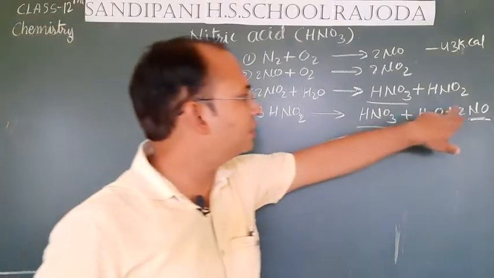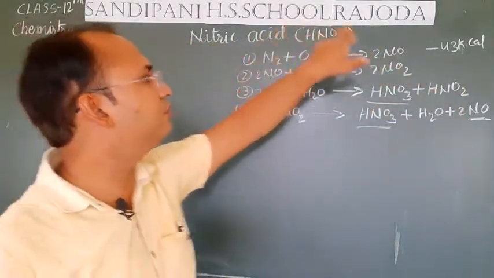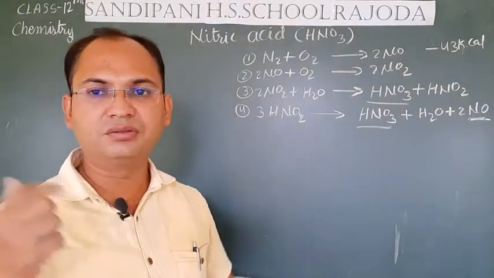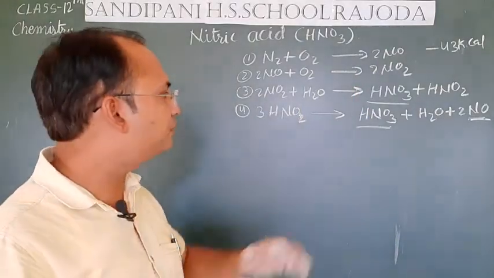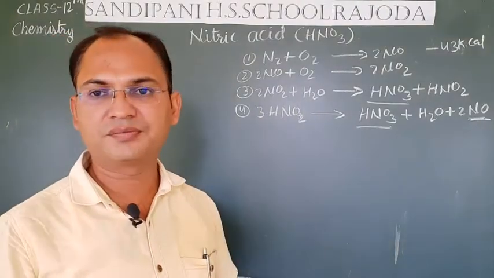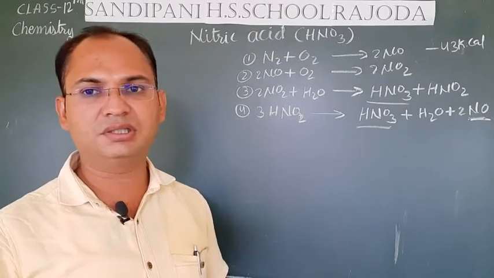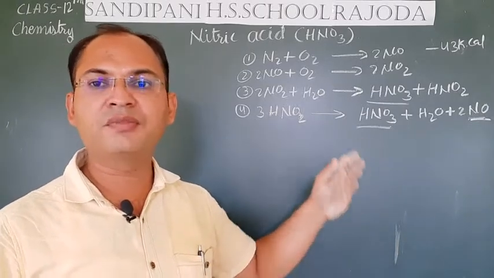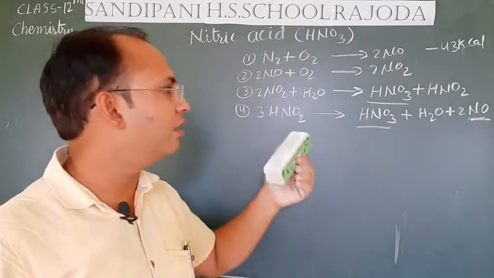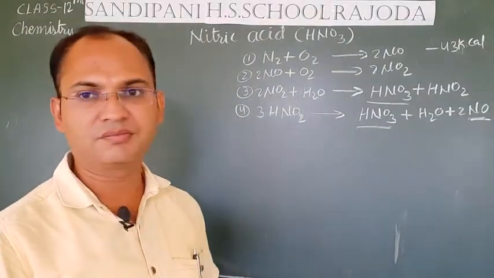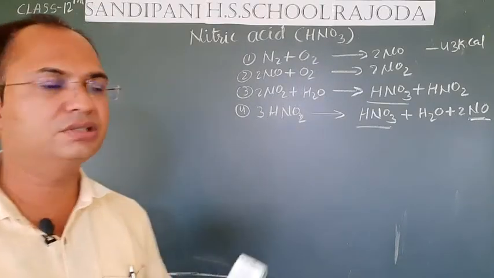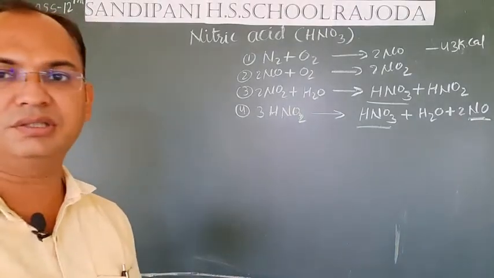This nitrogen oxide or NO can again be used here to prepare nitric acid. So the most important benefit of this reaction is that it starts with air. The nitrogen and oxygen present in air are the raw material for the preparation of nitric acid in this arc method. Now students, we will see the setup of the apparatus which is required in this process.